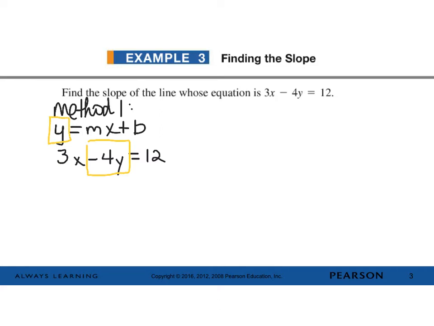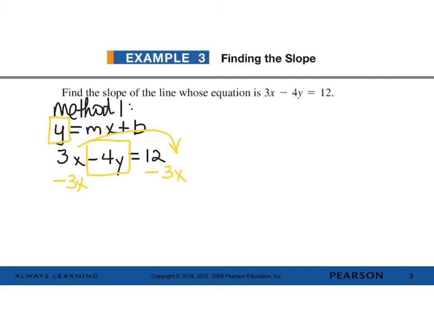So what that means then is we need to move 3x to the other side. And the way that we can move 3x to the other side is we can subtract 3x from both sides.